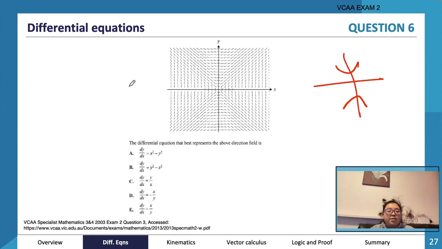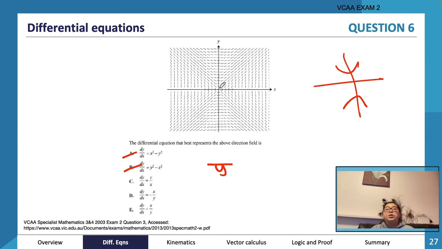So what you can imagine here is that there is going to be some sort of asymptote when y equals 0, right? So you know that you're ruling out essentially that you have a y at the bottom of your equation. You don't know what else you have at the bottom of your equation, but you know you have a y at the bottom of your equation. So that automatically rules out option A and option B.